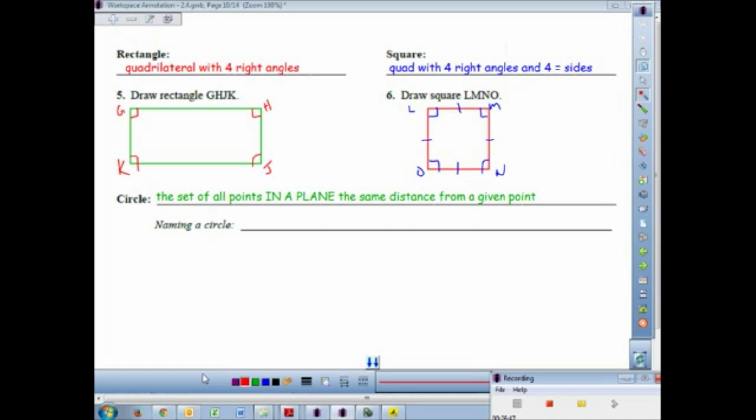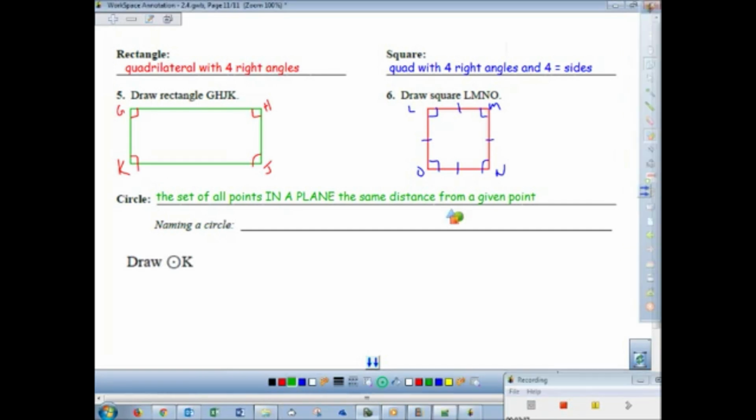Circle definition. The set of all points in a plane the same distance from a given point. Here's what that means. If I was to draw a circle right here, I have to start with some point. So this is the center of the circle right there. And then if I go any distance, let me grab a segment instead.